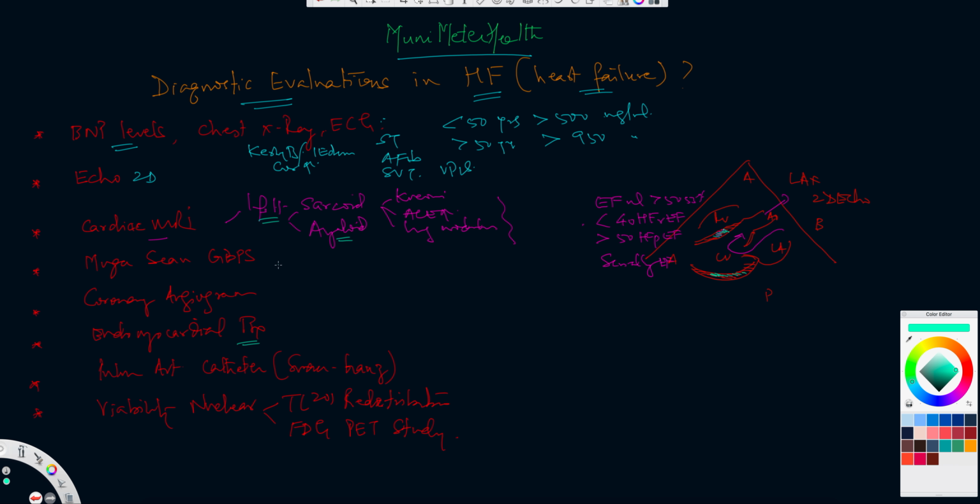MUGA scans are normally done only to assess the EFs, provided the echo is insufficient or technically difficult. So whenever the echo is, I call it TDS, technically difficult study, and then you would do an ejection fraction via a MUGA scan. It's called the gated blood pool scan, and that's done by nuclear left ventriculography.